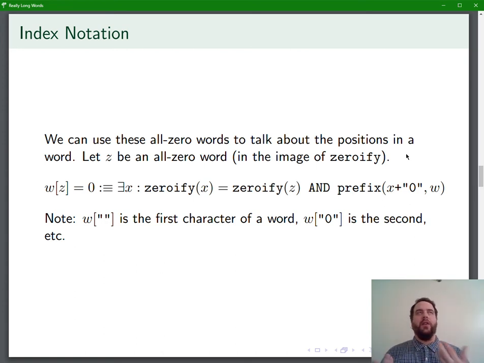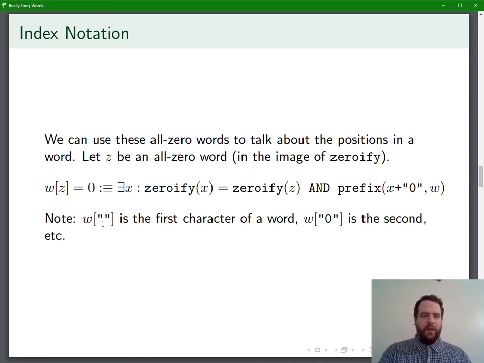So depending on how you want to set up the indexing, you could say, for instance, that here we're talking about the prefix of W of length Z, well, that either ends with a 0 or a 1, and we call that the character at that position. Here, just for notation and to kind of agree with the way that notation is set up in most programming languages, I've actually shifted everything over 1.